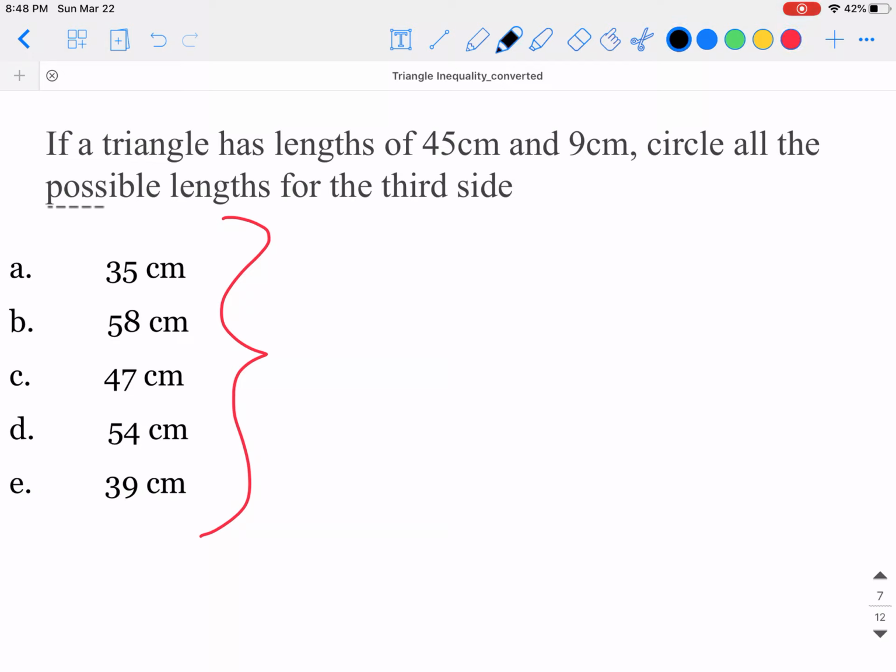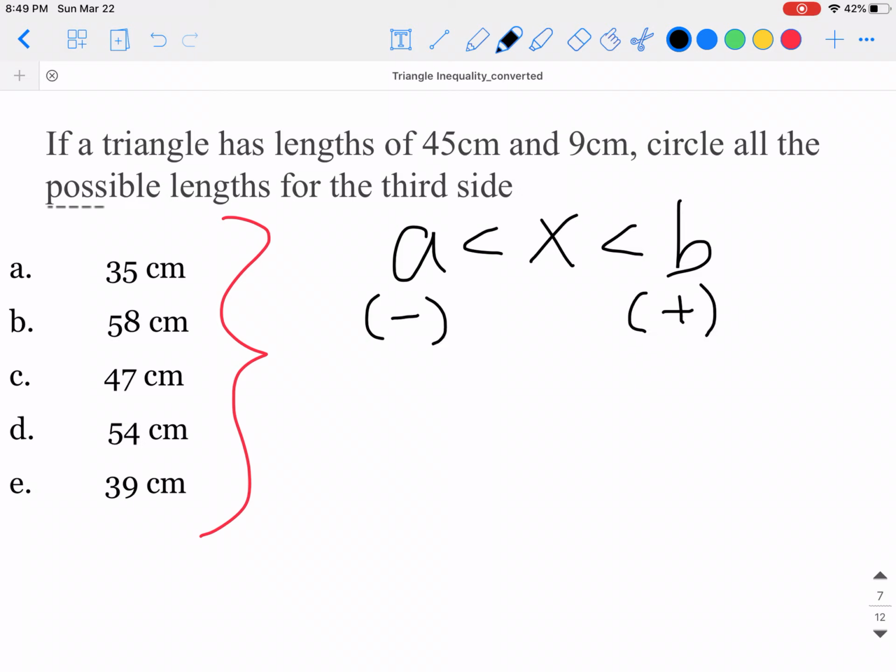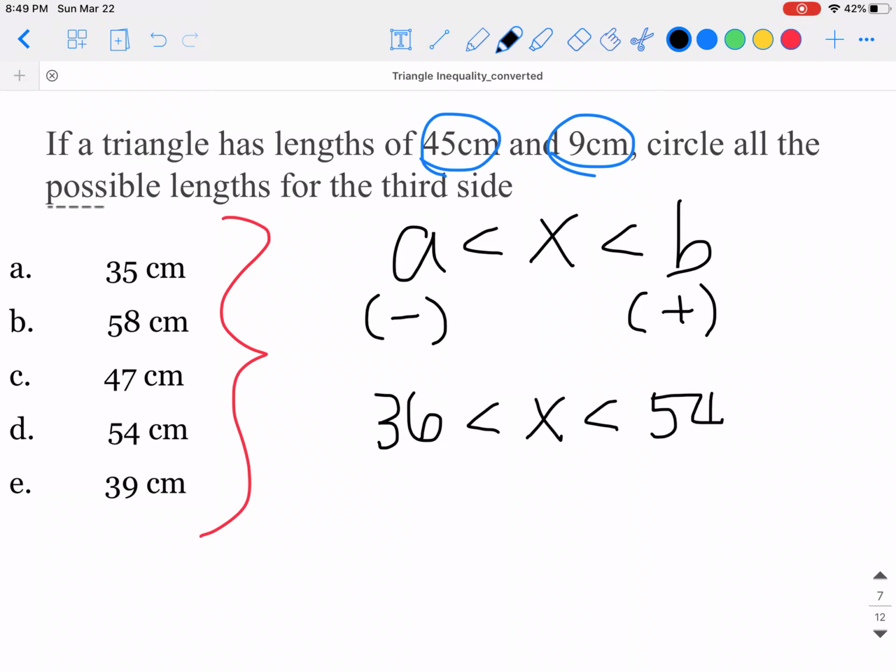So our inequality is A is less than X, which is less than B. A represents the subtraction, B represents the addition. So the two sides that we're given are 45 centimeters and 9 centimeters. 45 minus 9 gives us 36, is less than X, which is less than 45 plus 9, which is 54.